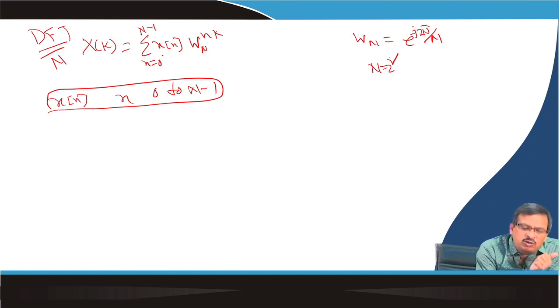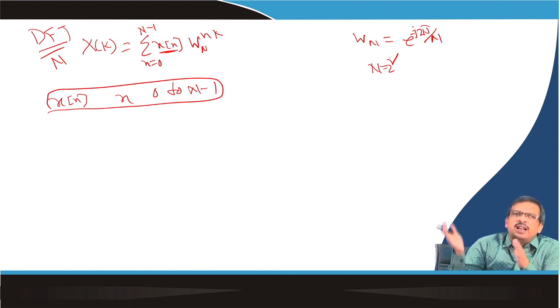Let us say I want to divide this x of n into two parts. How can I divide it? n is an index. You cannot say 0 to N by 2 and N by 2 onwards, since that is a sequential division.